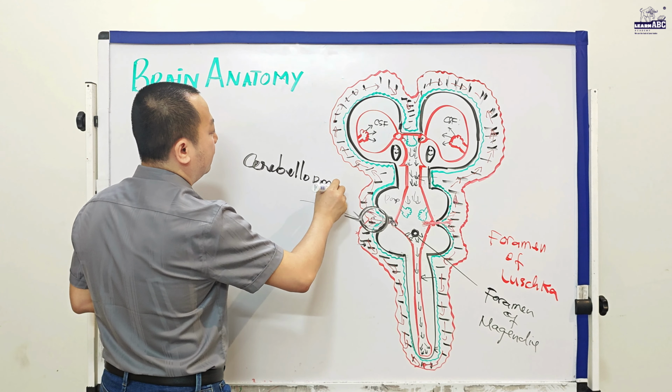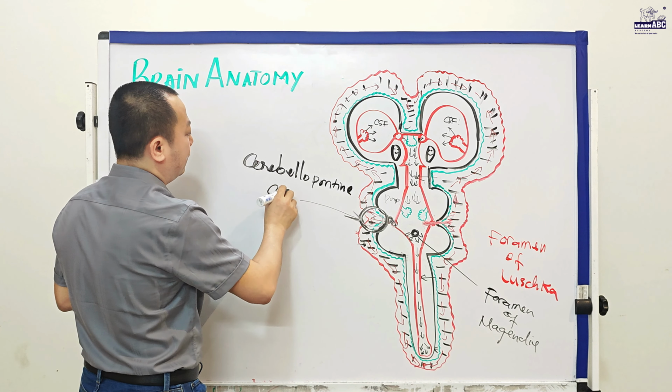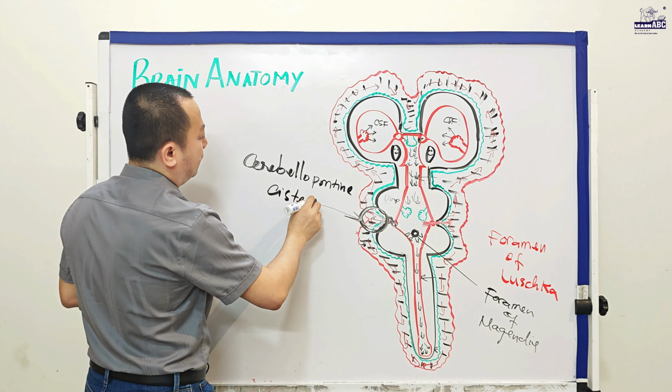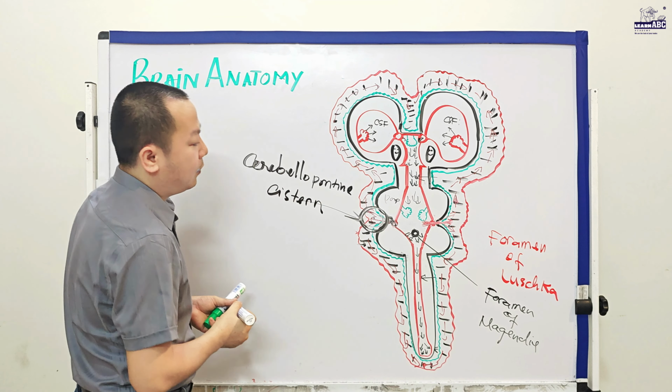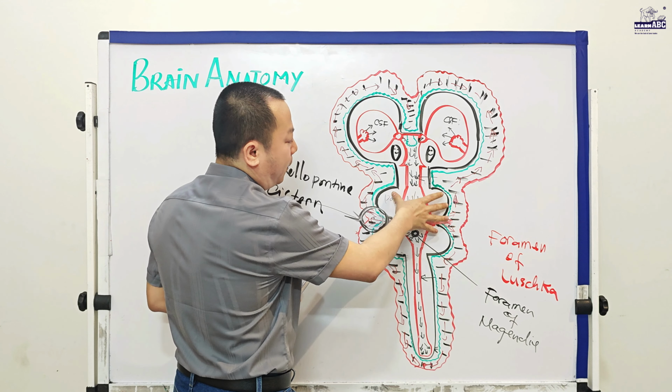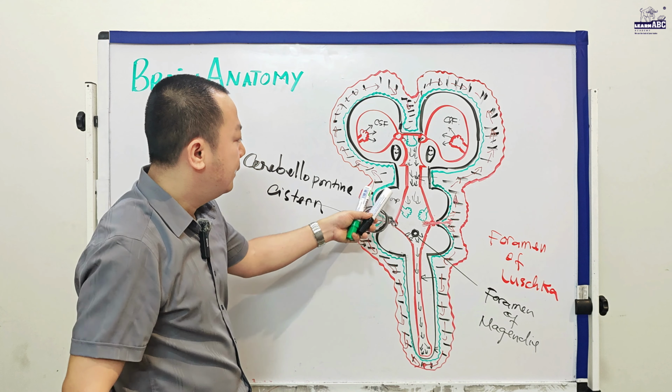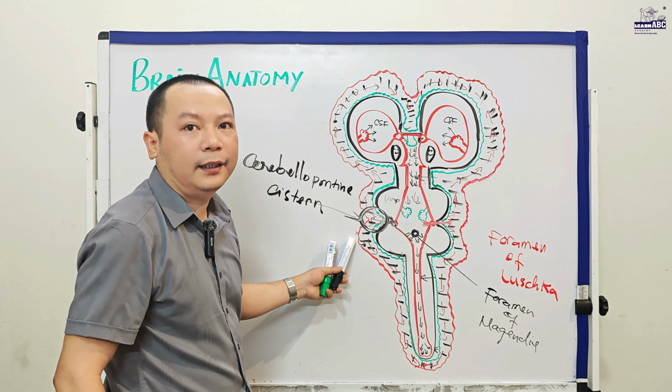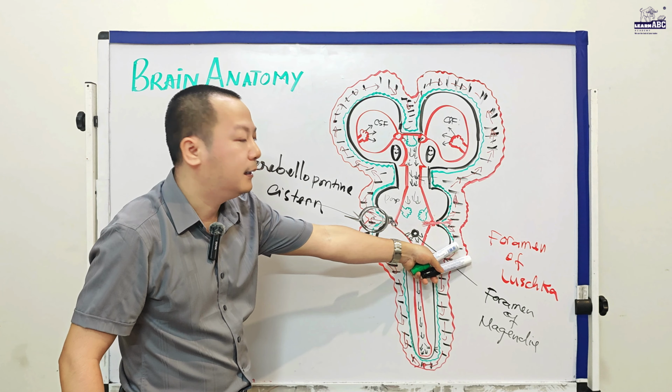cerebellopontine cistern. Cerebellopontine cistern. So you know at the back of the pons and medulla there is a cerebellum, right? Cerebellum at the back side.